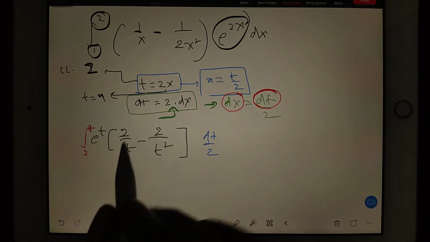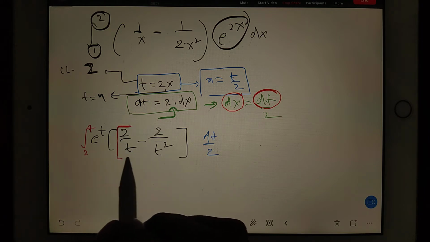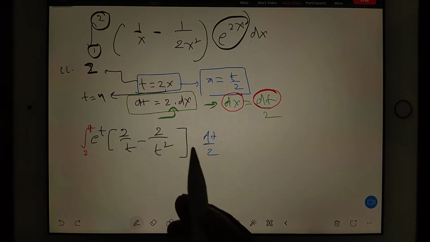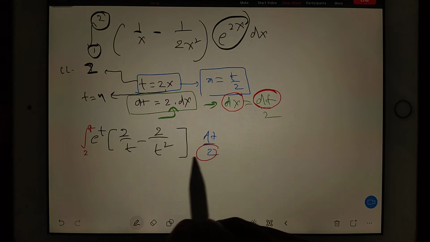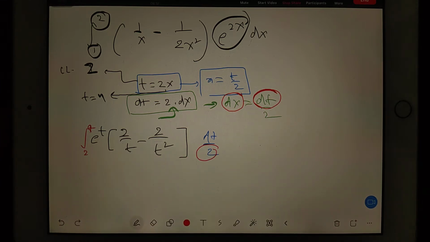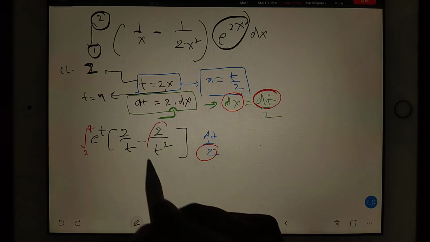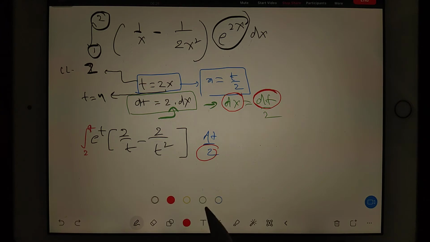So you see here, when you send this 2 inside, then only 1/t remains, and after that 2/t² we can solve separately.